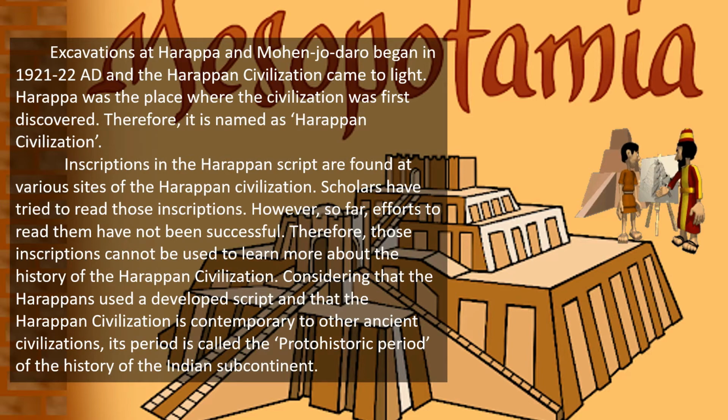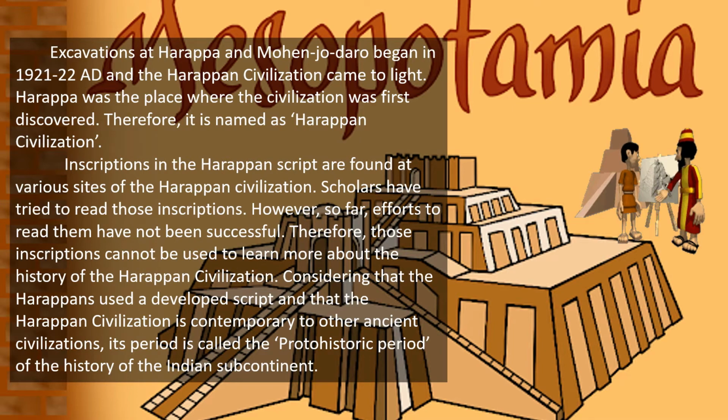Inscriptions in the Harappan script are found at various sites of the Harappan civilization. Scholars have tried to read those inscriptions. However, so far efforts to read them have not been successful.